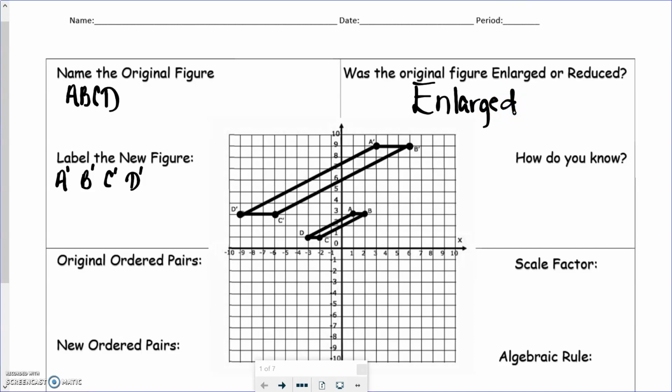And I know that because it got larger. So the image got bigger. So the image is bigger or larger than the pre-image.